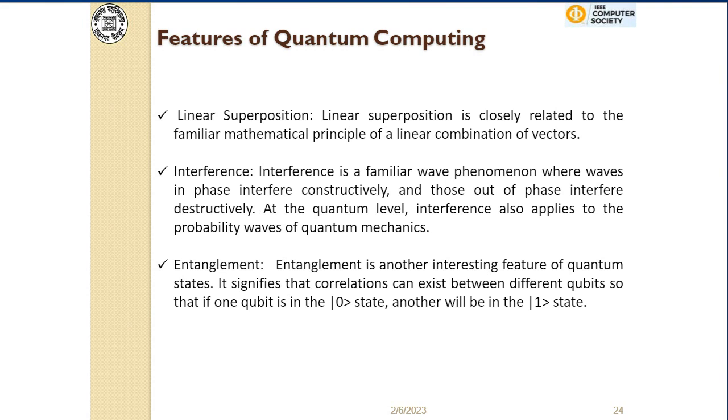What happens here is that when you take two qubits and make them interact with each other, in layman's words, the qubits inherit each other's properties. The properties of one qubit get inherited by the other, and vice versa.